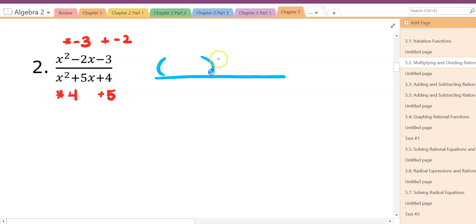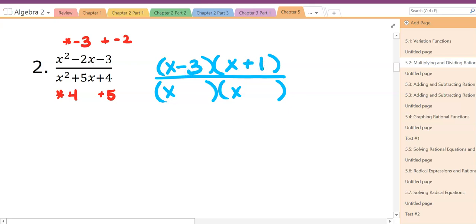So on top and on bottom, you're going to have two sets of parentheses, and they each get x's in them. Now on the top for factoring, we're going to have x minus 3 and then x plus 1, because negative 3 and positive 1 would multiply to a negative 3 and would add to a negative 2.